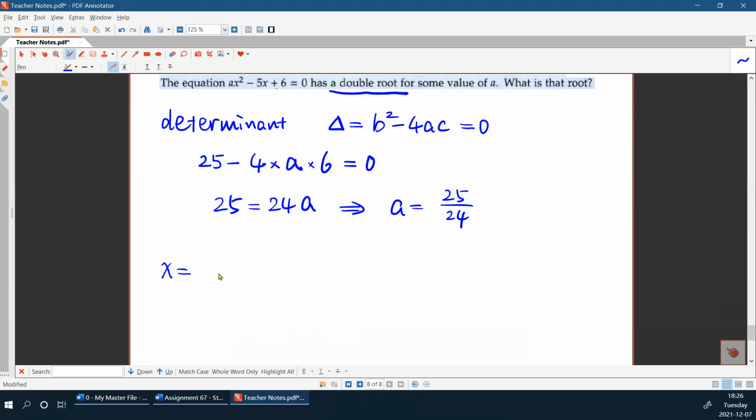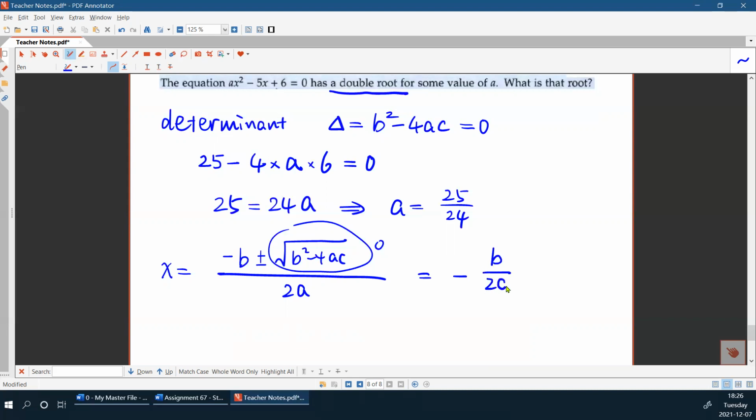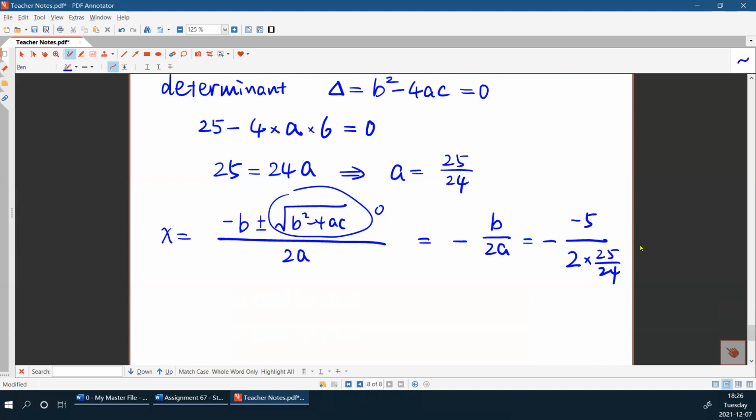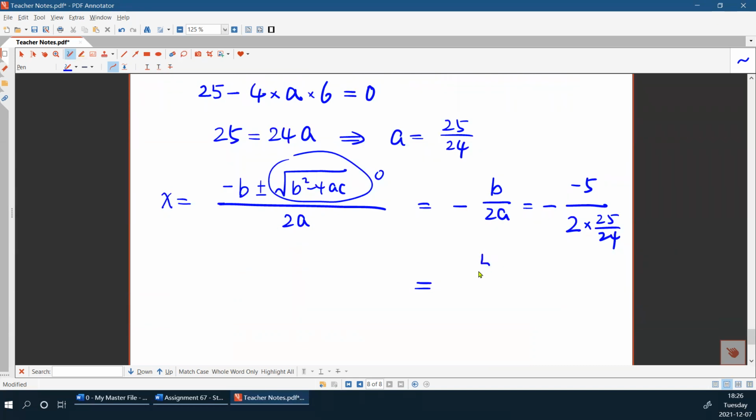So x is minus b, negative or positive square root of b squared minus 4ac, over the 2a here, right? So remember that we have already let b squared minus 4ac be 0, so this part is 0. That means the double root is negative b over 2a, which is, negative b is negative 5, right? And 2a is twice 25 over 24. And this is 5 over 2 times 25 over 24. 2 cancels with 24.